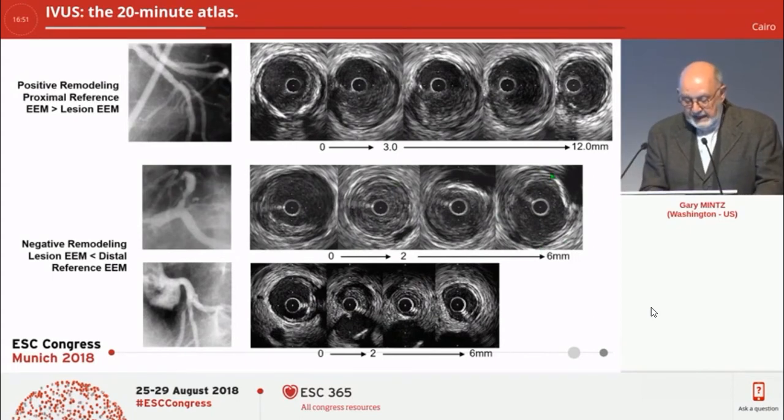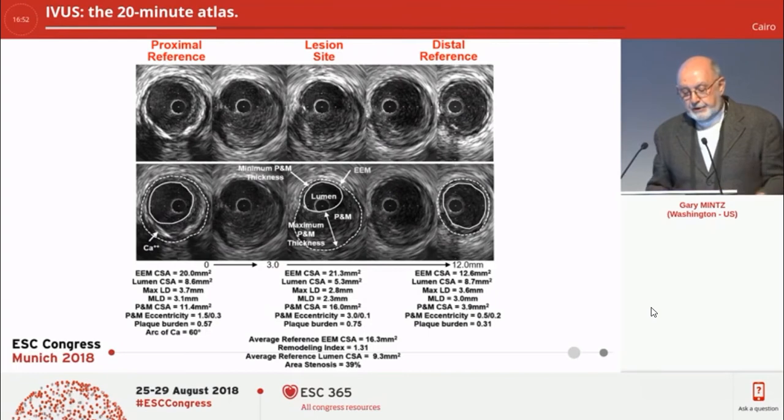And here's what we often see at ostial lesions. In this case, a LAD immediately at the site of a diagonal branch in which there's extreme negative remodeling compared to the distal reference, and often only a small amount of plaque accumulation at the site of the lesion.